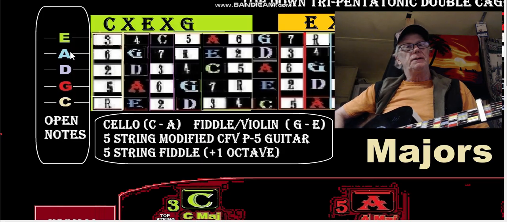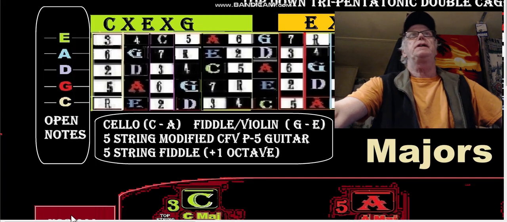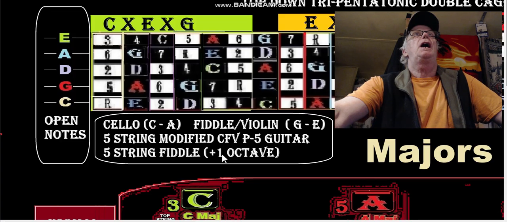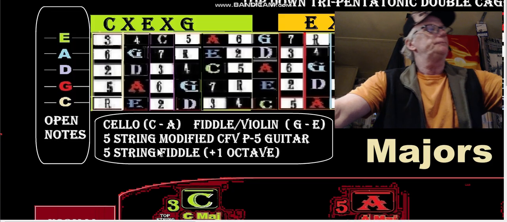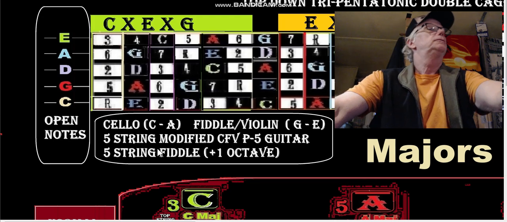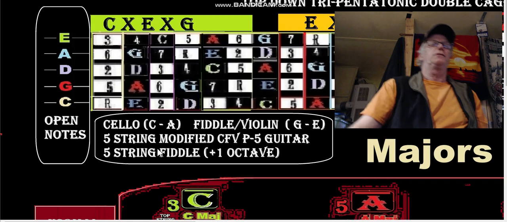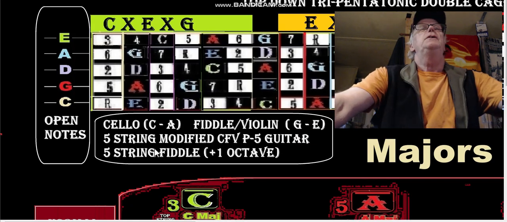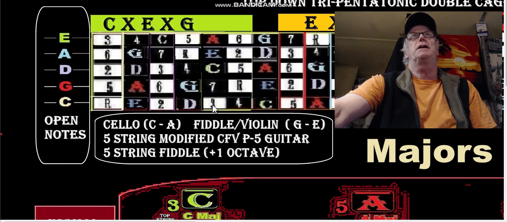Now just one last thing here, we have the 5-string fiddle, but it's plus 1 octave. That's the 5-string fiddle. Same string shapes. String shapes are the scale fragments that we're dealing with.